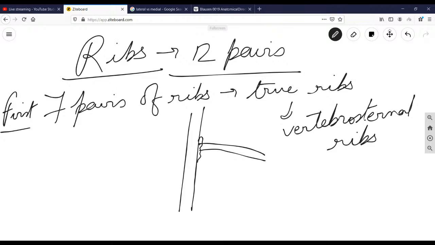Then the remaining 5 pairs of ribs are known as false ribs, because their costal cartilages are either attached indirectly to the sternum or do not attach to the sternum at all.